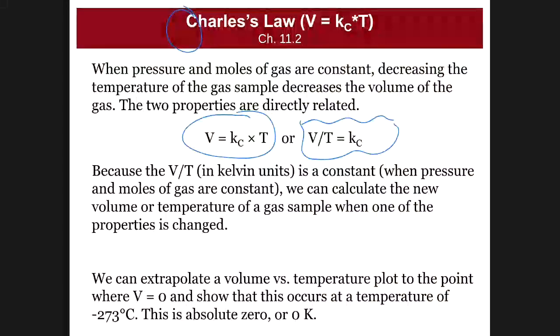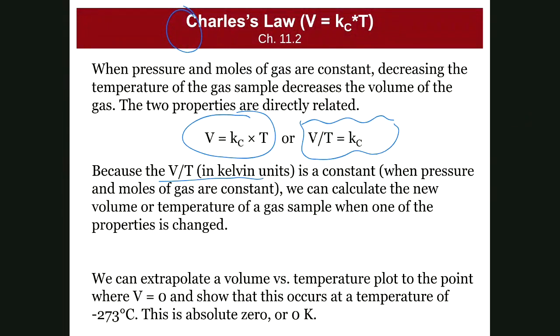So you should have seen this with pressure and temperature in experiment 5 instead of volume and temperature. Anyway, volume is divided by temperature in Kelvin. It has to be in Kelvin, so keep that in mind. Because volume divided by temperature is a constant, we can calculate a new volume or temperature when one of the properties is changed.